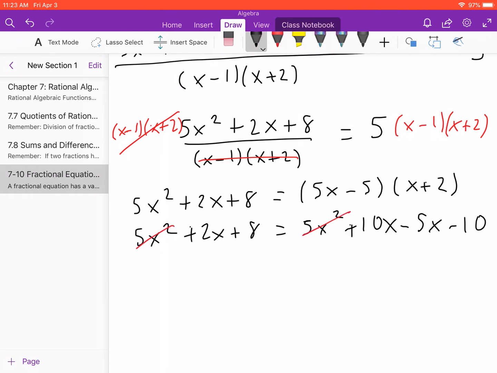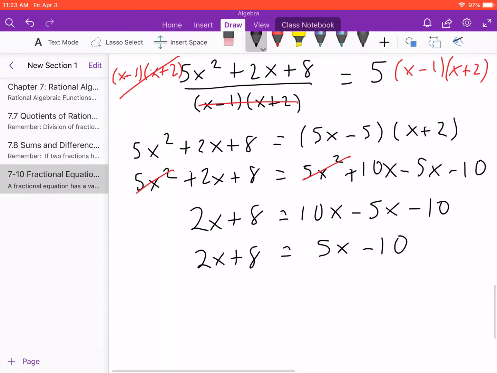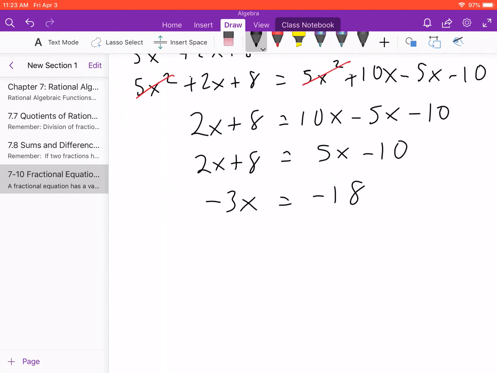I'm left with 2x plus 8 equals 10x minus 5x minus 10. As I continue to combine, 2x plus 8 equals 5x minus 10. Continuing to combine, negative 3x equals negative 18. X is equal to a positive 6.